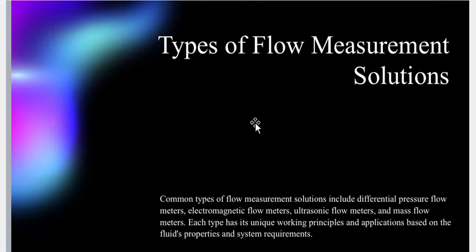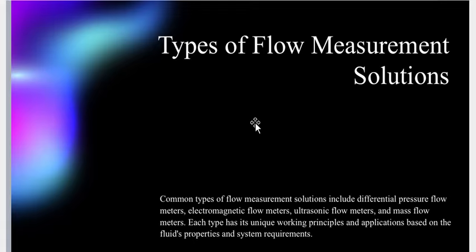Every fluid in our life, when it moves, makes a vibration. That vibration changes depending on the mass flow rate, and we calculate it on the Coriolis flow meter principle.